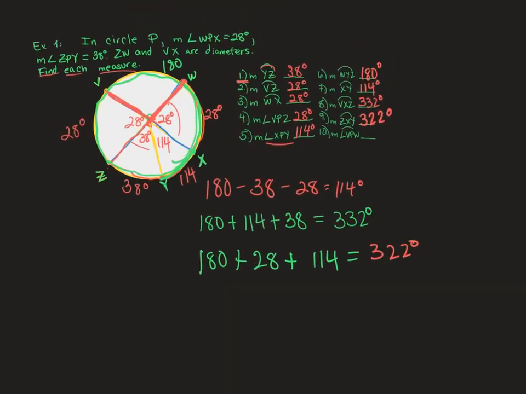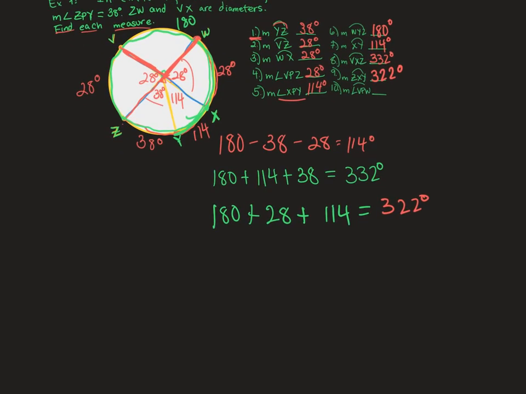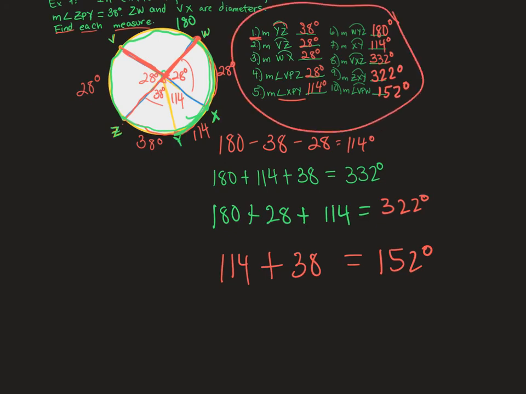So all you need to do is add 114 plus 38, which gives us 152 degrees. That's it. You solved everything here by just using the central angle measures and finding their arc.